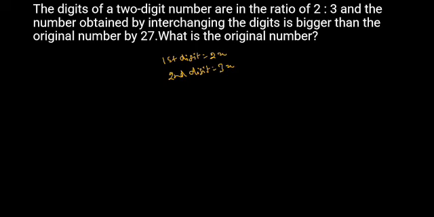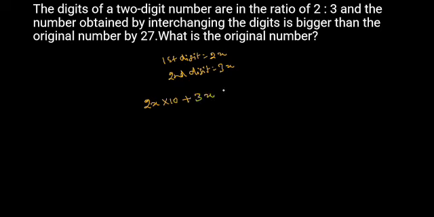Now what is the first change? Let us assume that the first digit is on the left side and the second digit is on the right side. So the number is 2x into 10 plus 3x.